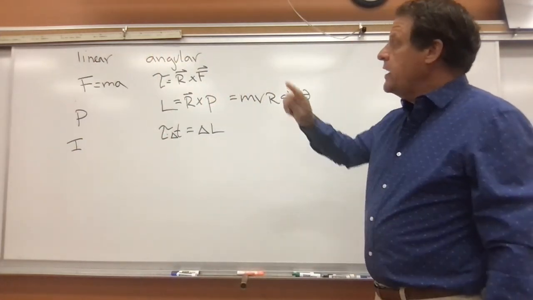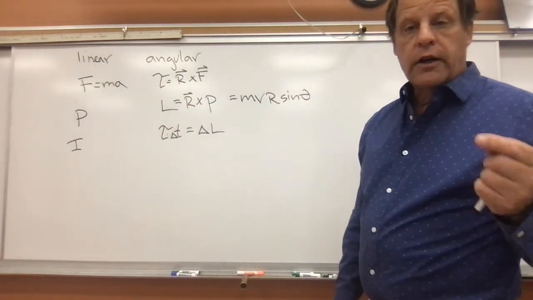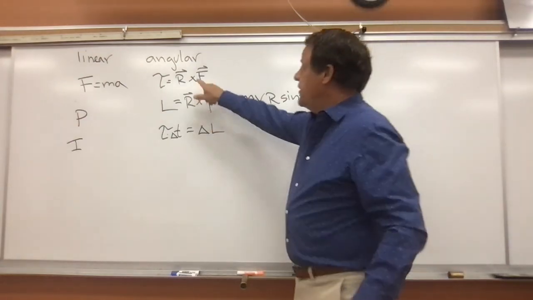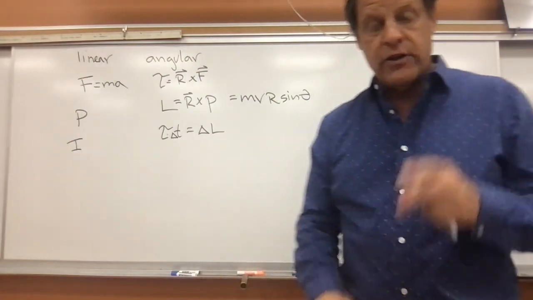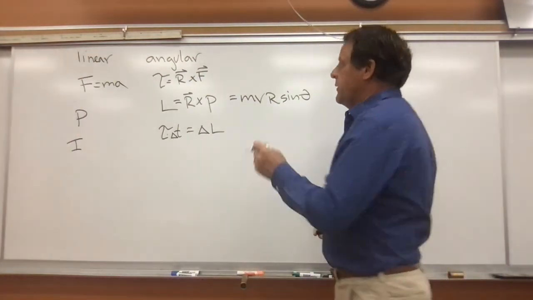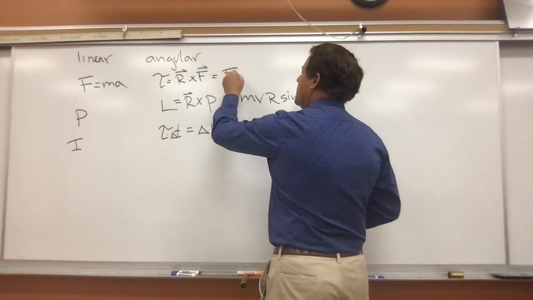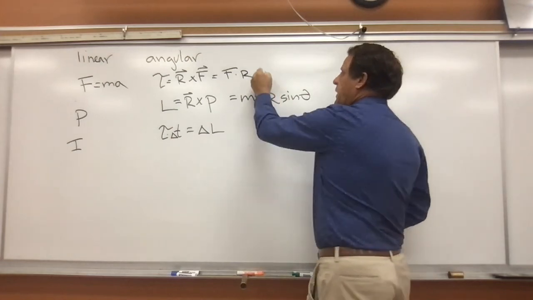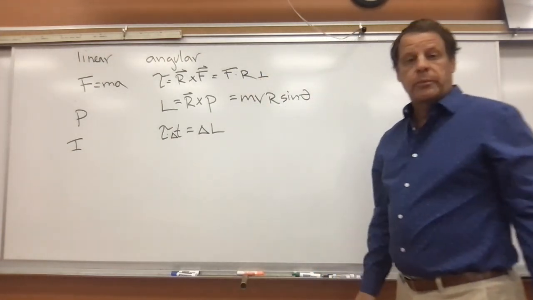In the angular sense, we're going to have torque, which is R cross F. And we know in our last lecture that this cross product was rather complicated, and it had to do with matrices. But remember that torque is really just force times radius, as long as the force and radius are perpendicular.